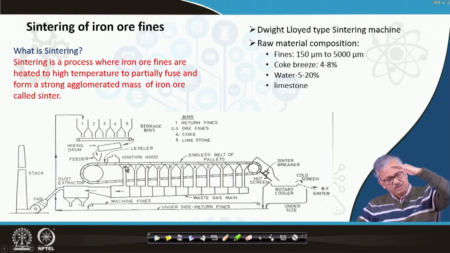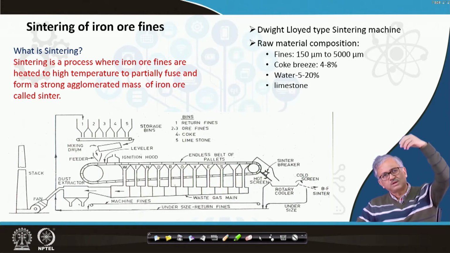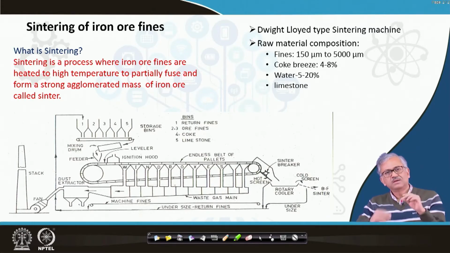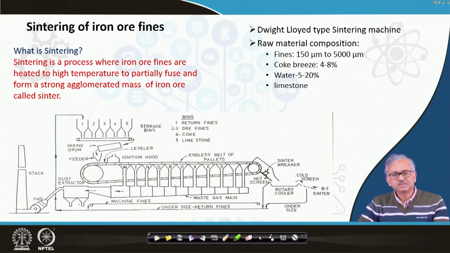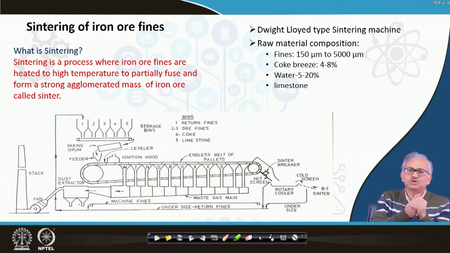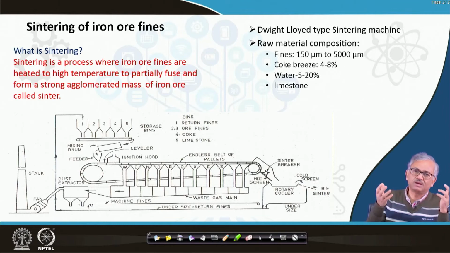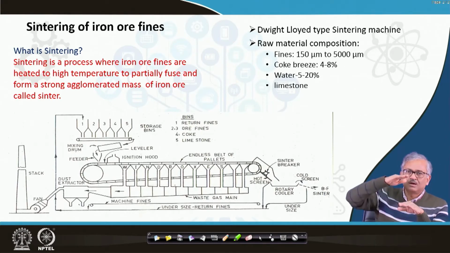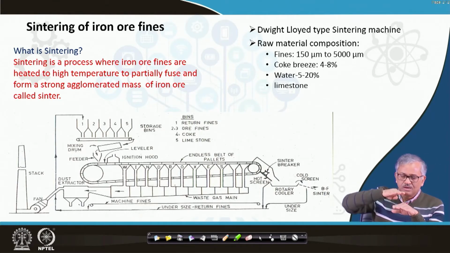As it moves down, the hot air comes in and preheats the sinter mix, the layer below the combustion zone. When that zone is preheated significantly, the coke breeze in that zone gets fired again. So the fire line moves to the layer below.